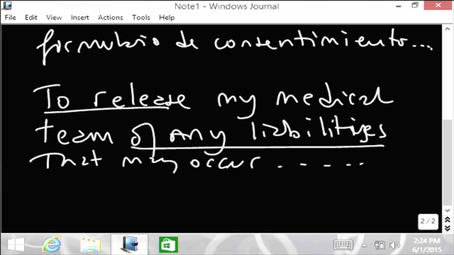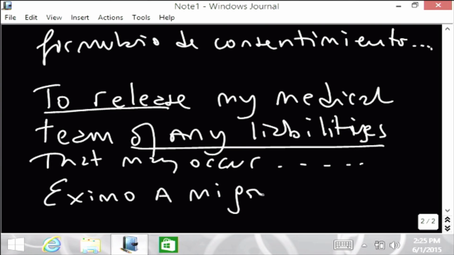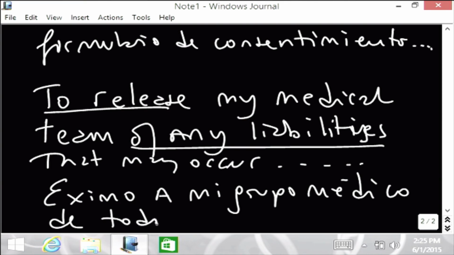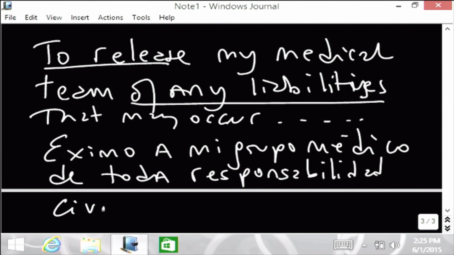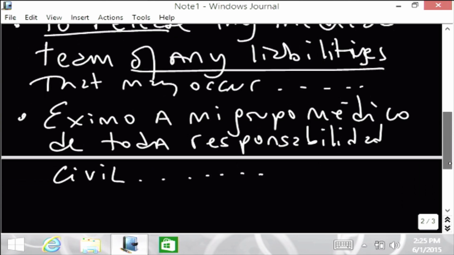The translation for this one is "eximo a mi grupo médico de toda responsabilidad civil que pueda ocurrir," blah, blah, blah. So when you see "to release of any liabilities," it is "eximir de toda responsabilidad."